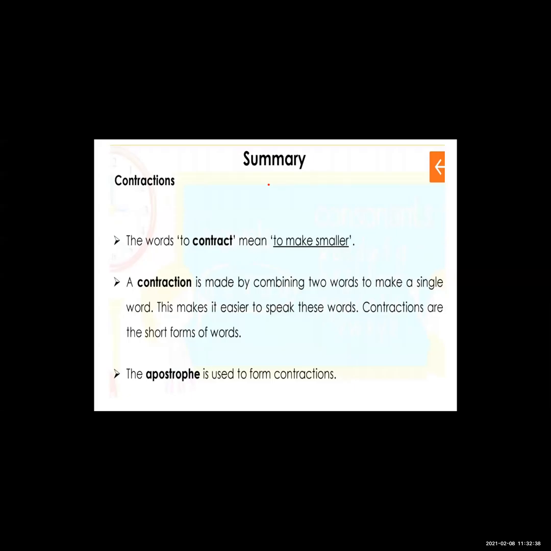What is a contraction? Contract means to make smaller. When we have to make a word smaller, at that time we use the apostrophe, and by using the apostrophe we make a short form of a verb.